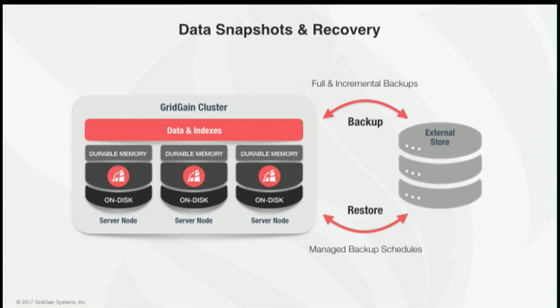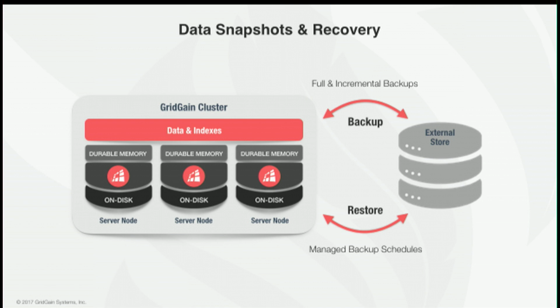But what if there is something in the software, or maybe there is an operational error, some human makes an error and removes the table, or corrupts the data, or whatever. So you still need to recover from that. Ignite can't detect this situation as an invalid situation. It's a valid operation from Ignite's standpoint, but it corrupts the data. And that's when data snapshots and data snapshot recovery can help.